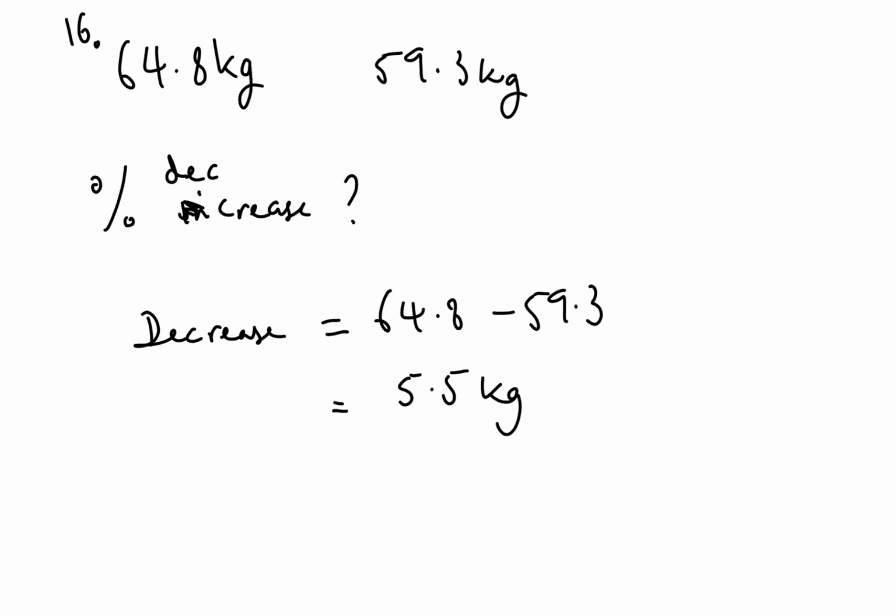So Bill has lost 5.5 kilograms. Good on him. But we want to work out its percentage decrease. So it's the decrease, or the increase if it was an increase question. So it's the decrease over the original. That's as a fraction at the moment, but you want it as a percentage.